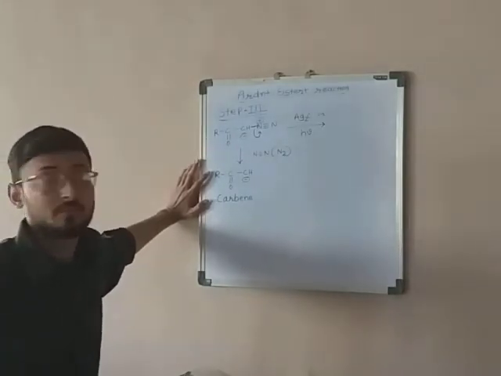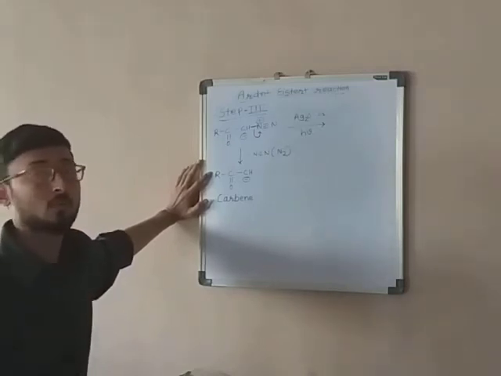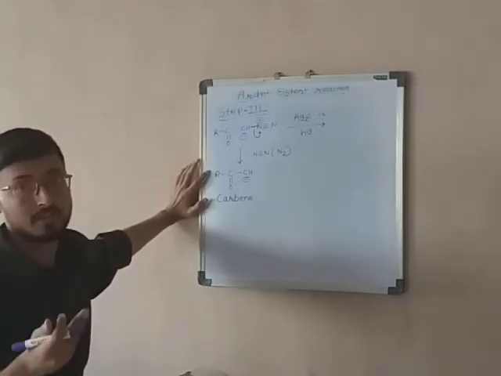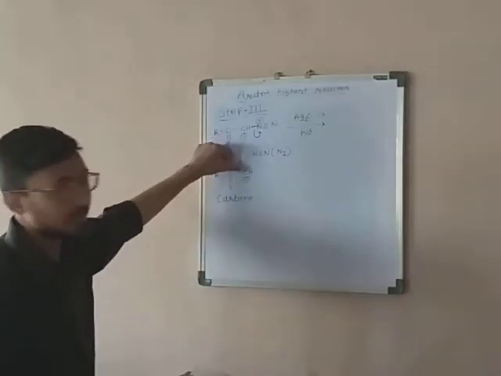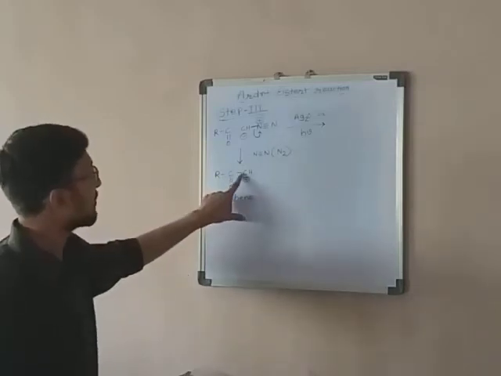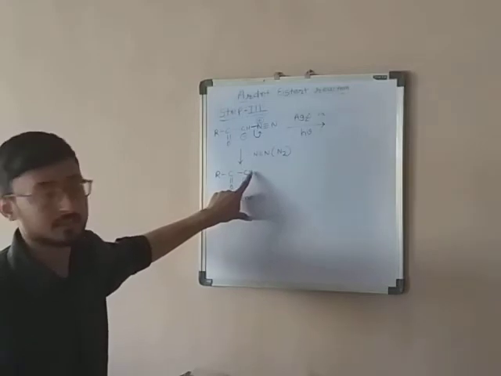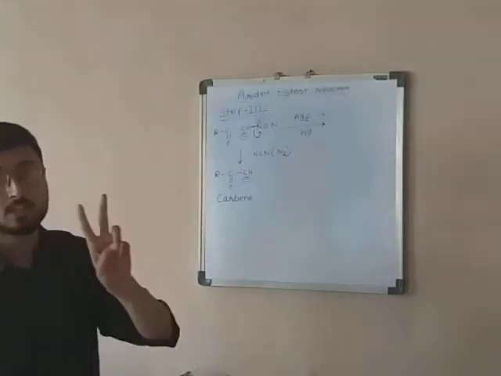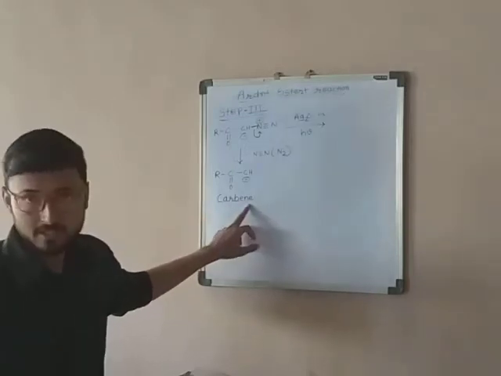We have seen that a carbon atom has a valency of 4 and can form 4 bonds with other atoms. But here this particular carbon atom has formed only 2 bonds, one with this carbon and another with this hydrogen atom. So it has formed only 2 bonds, and that's why it is called a carbene intermediate.